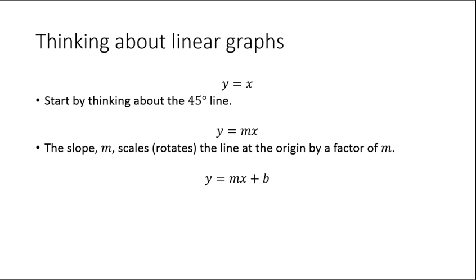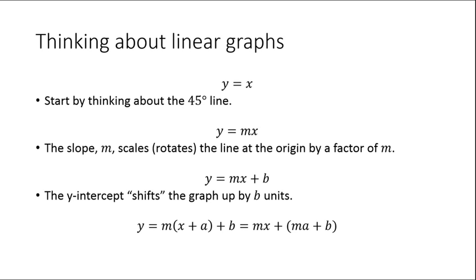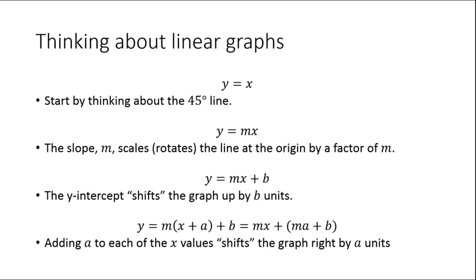If you add a constant to your graph, you shift the graph up by the number of units that you added. The same is true for y equals mx minus b. If b is negative, you're shifting the graph down rather than up. If you add a constant to your variable rather than adding it to the full term of the expression, it shifts the graph left or right by a units.